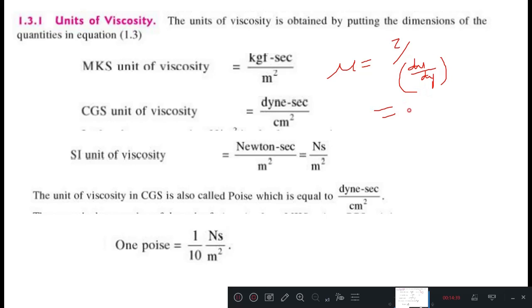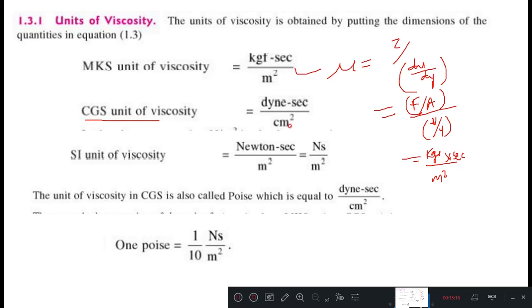Here tau is force by area, divided by velocity by y. Force in the MKS system is kgf, divided by area, meter square, and the velocity gradient unit is per second. So kgf second per meter square will be the unit of viscosity.